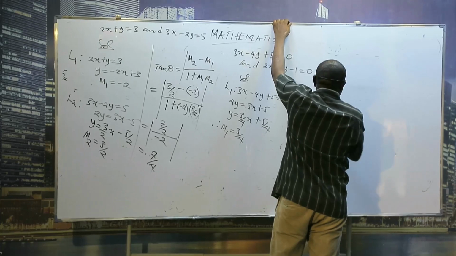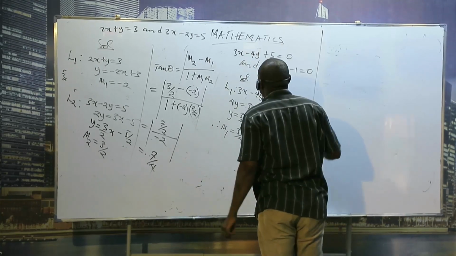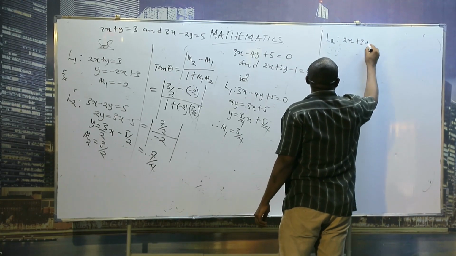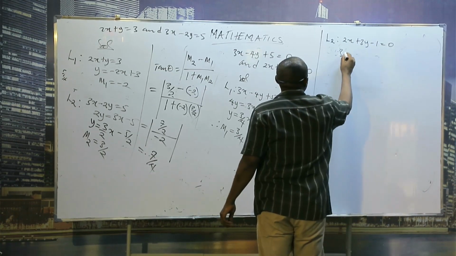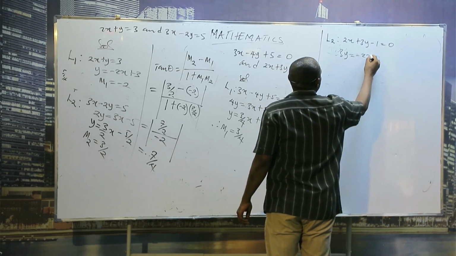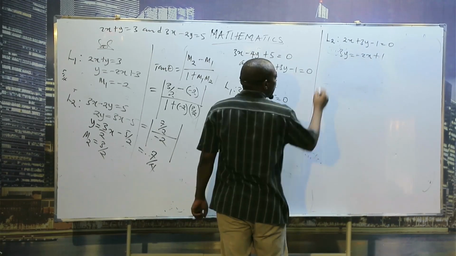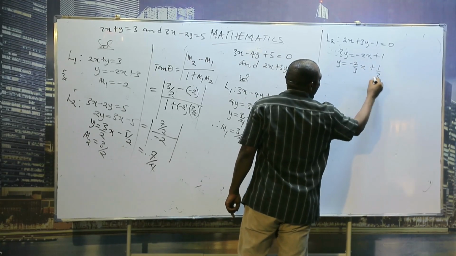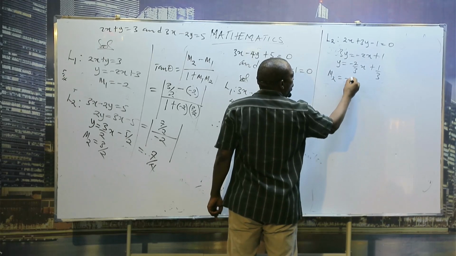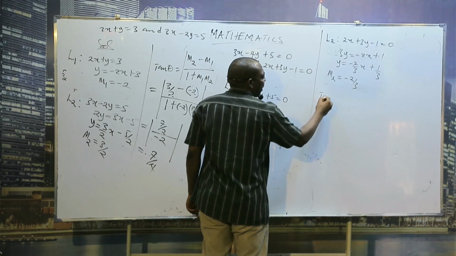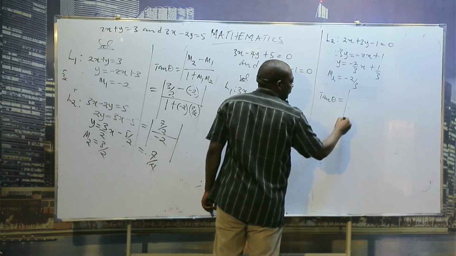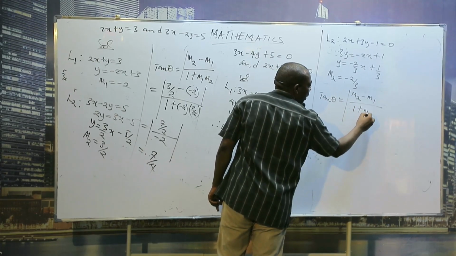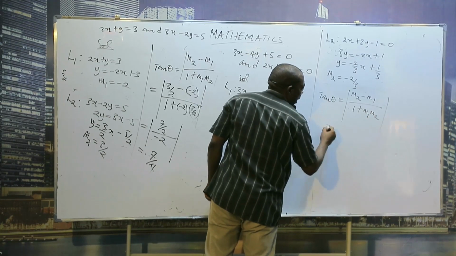Well, look at this one. Line 2: 2x plus 3y minus 1 equals 0. 3y gives you minus 2x, so y gives you minus 2 over 3. That is m2. So tan theta equals the absolute value of m2 minus m1 over 1 plus m1 m2.